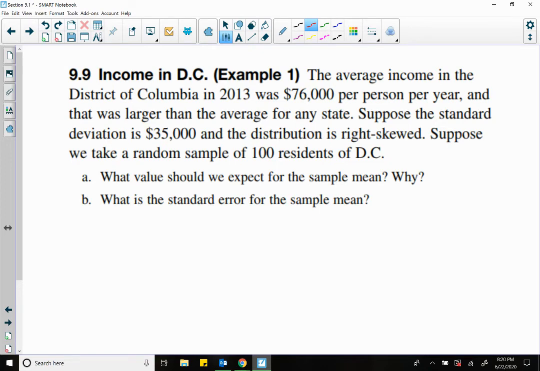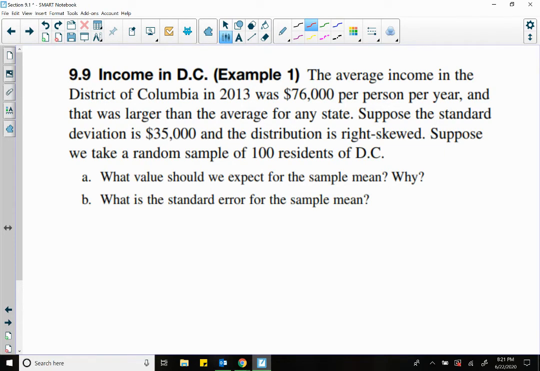Suppose we take a random sample of 100 residents of DC. What value should we expect for the sample mean? And why? And then in part B is, what is the standard error for this sample mean?